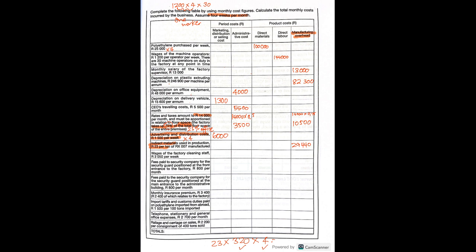The next one we're looking at is your wages of your factory cleaning staff. It's 3,050 Rand per week. So again, it's per week, which means it needs to be converted to a monthly basis. So that will be times 4.